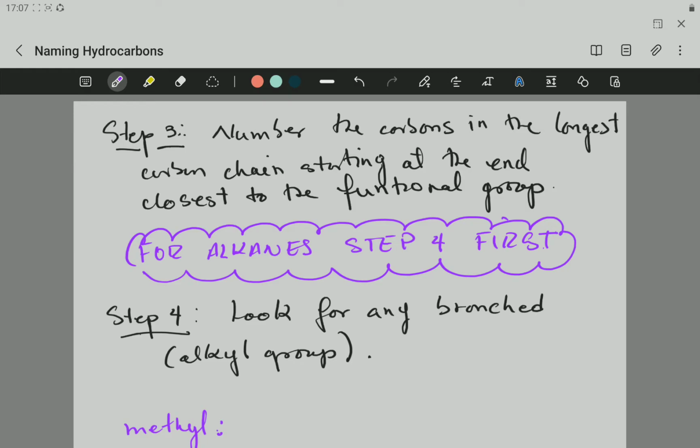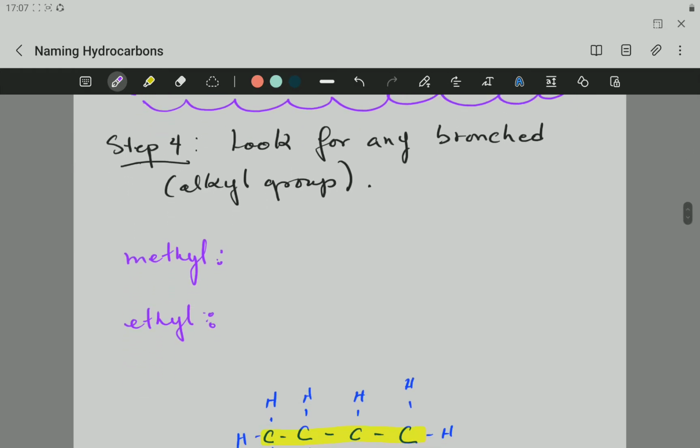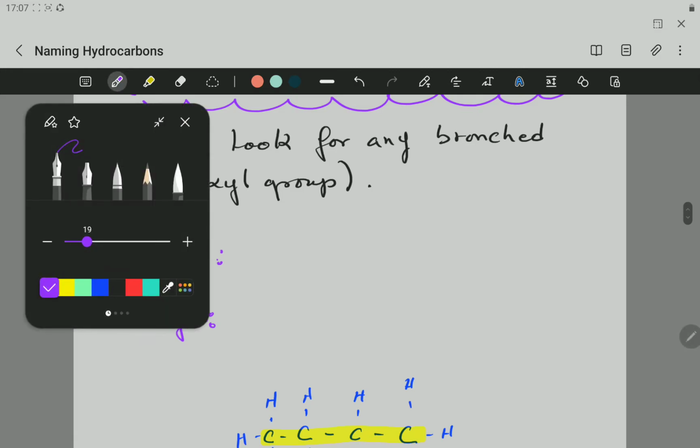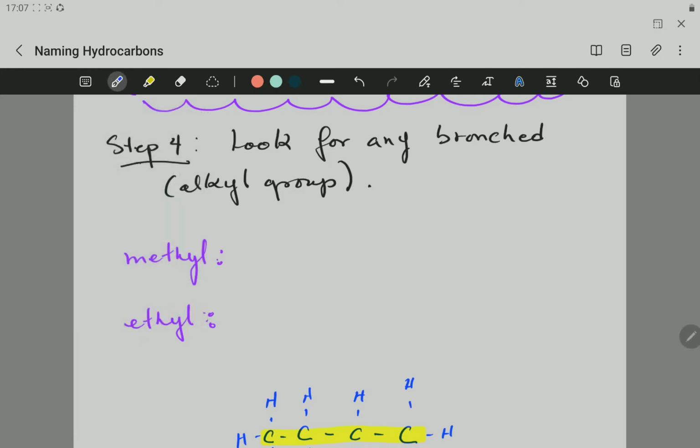Now, step 4 is look for any branch or alkyl group. Now, we are going to have 2 alkyl groups, methyl and ethyl. Methyl is in the form of CH3, or if it's with a structural formula, it's carbon with 3 hydrogens.